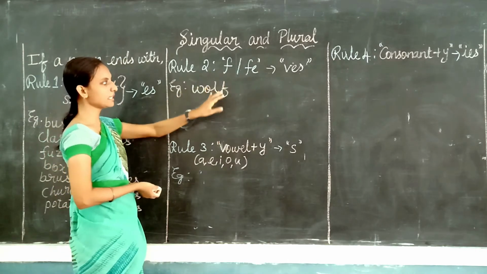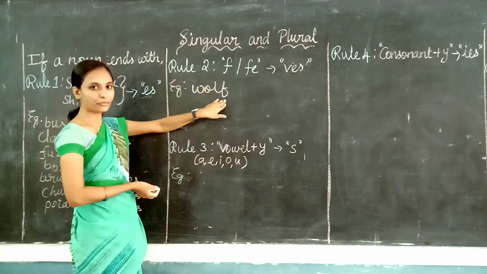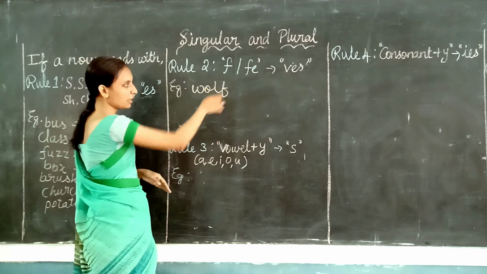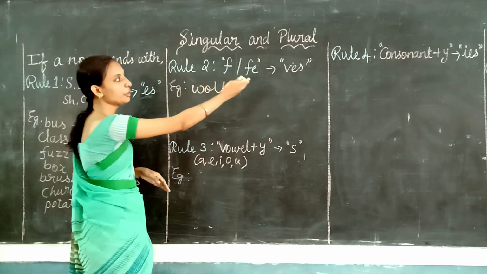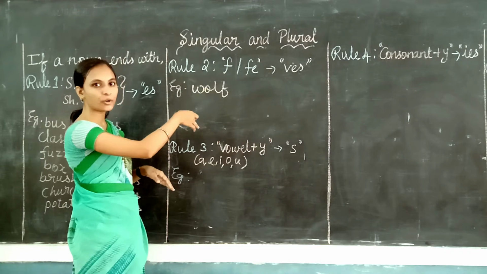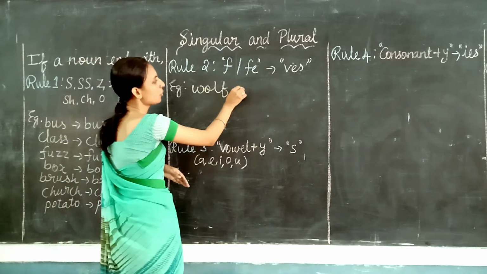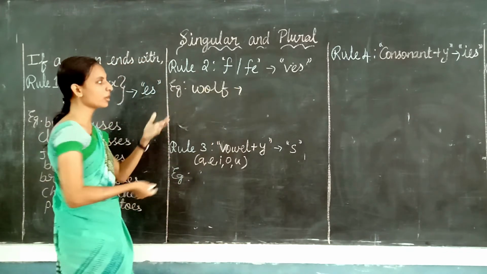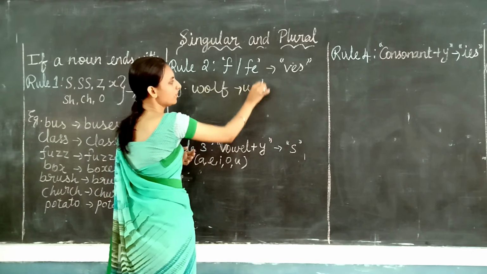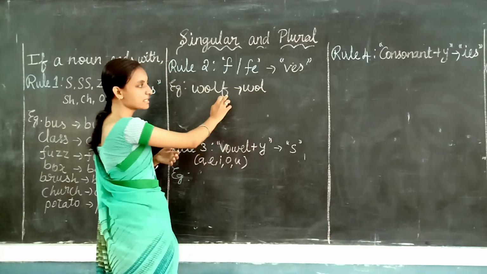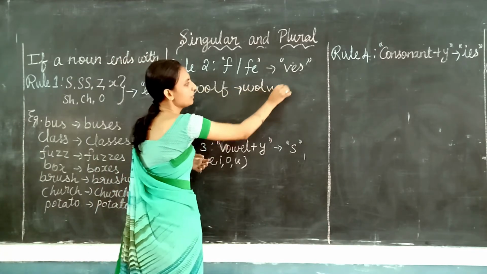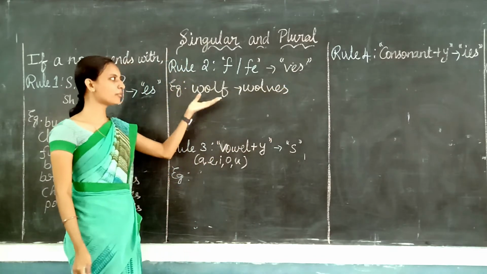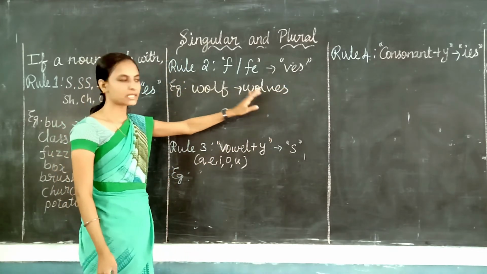As per the rules, if a noun ends with f, I am going to remove f from the word and add ves after the noun to make it into plural. So what is the plural form for wolf now? Wol will remain the same, but instead of f I am going to write ves. So the plural form for wolf will be wolves.